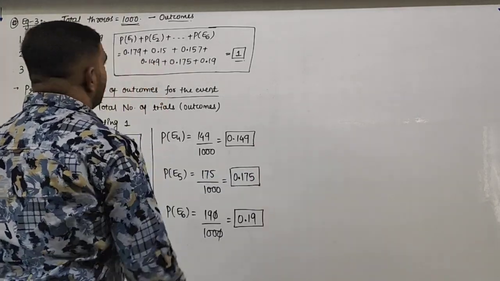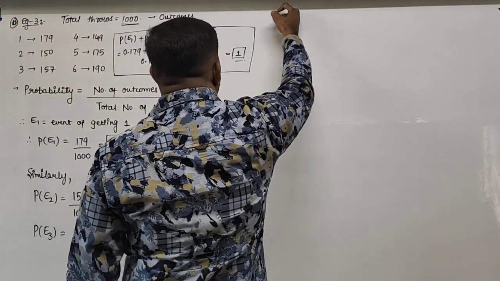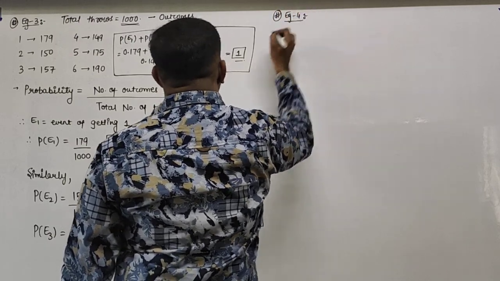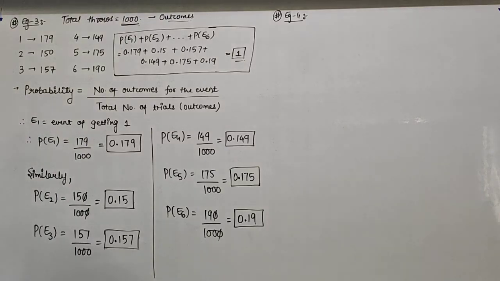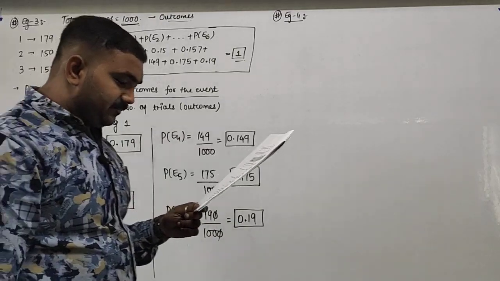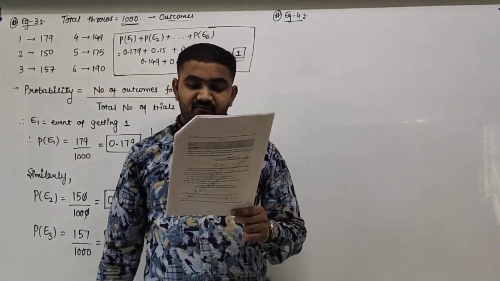Okay. Moving on to the fourth one. The fourth illustration. On one page of a telephone directory, there were 200 telephone numbers.